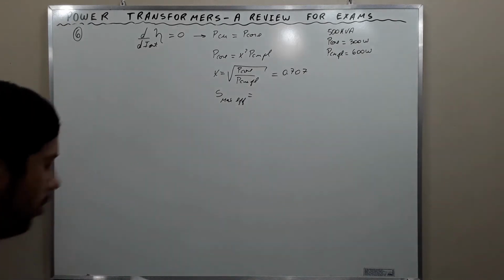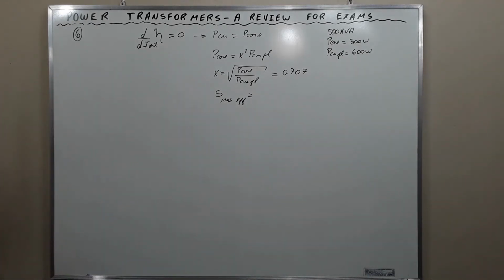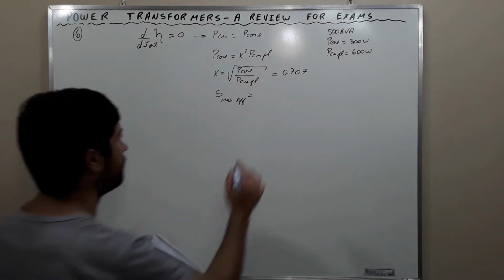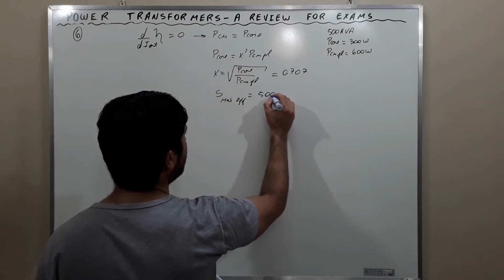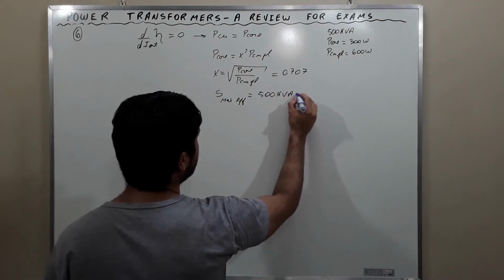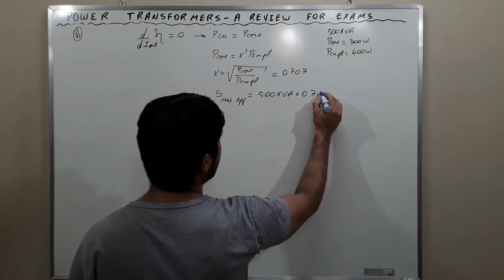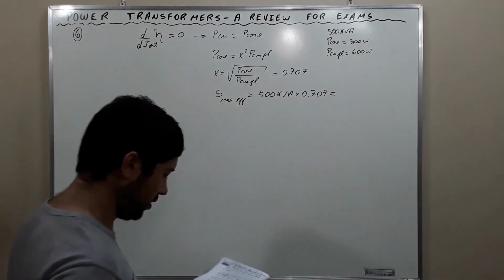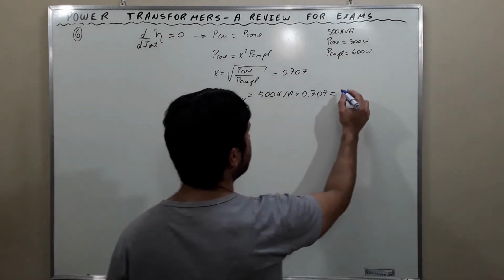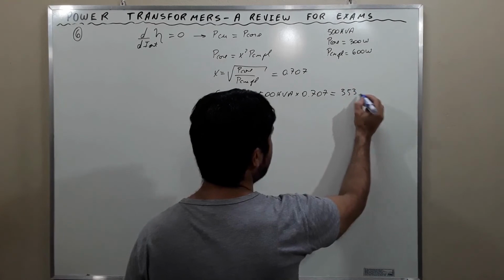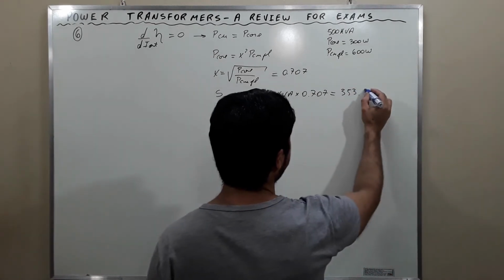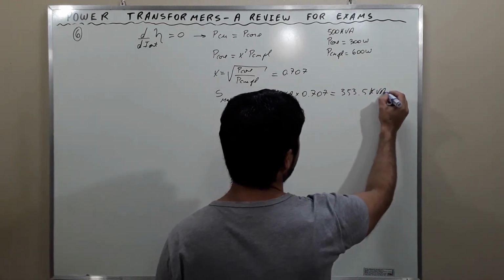The level of load that may be connected at the output terminals of the transformer for maximum efficiency is going to be 500 kVA times 0.707, and this is 353.5 kVA.